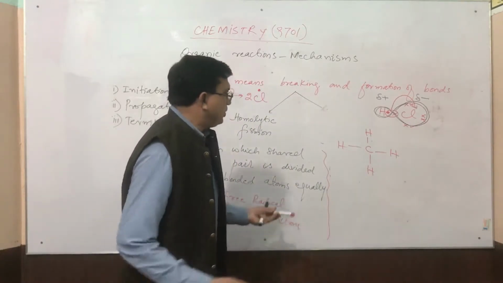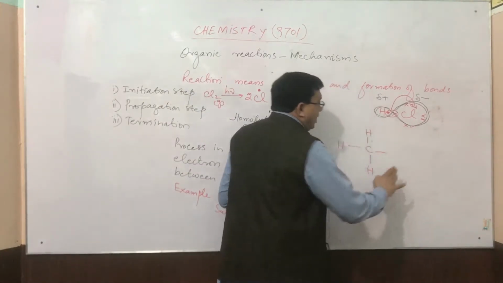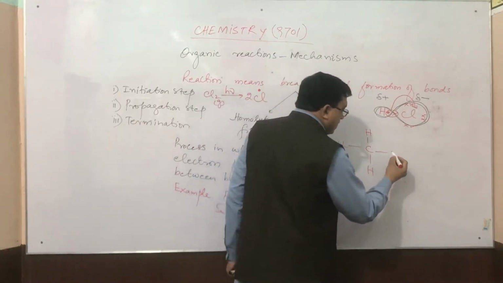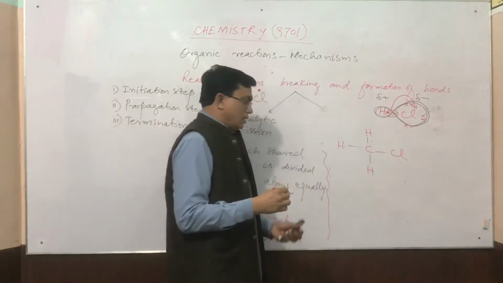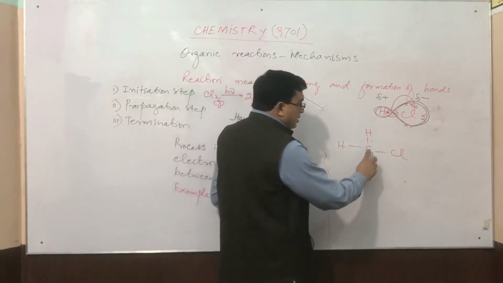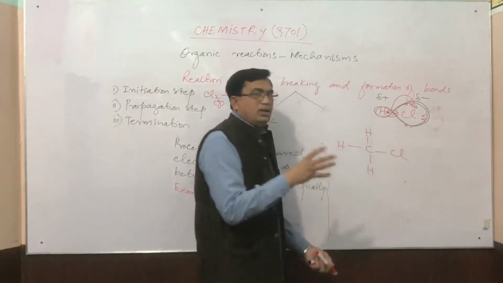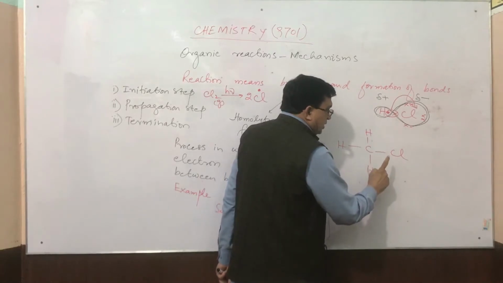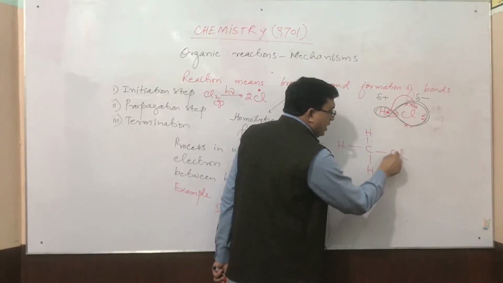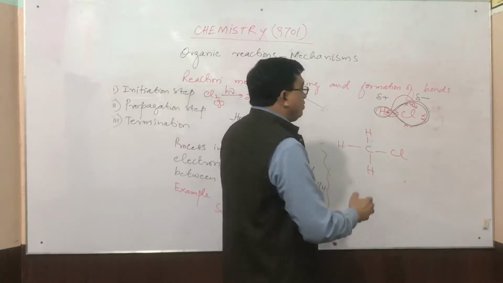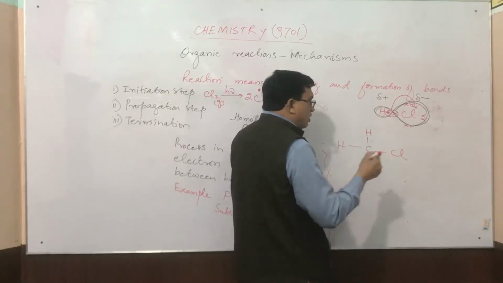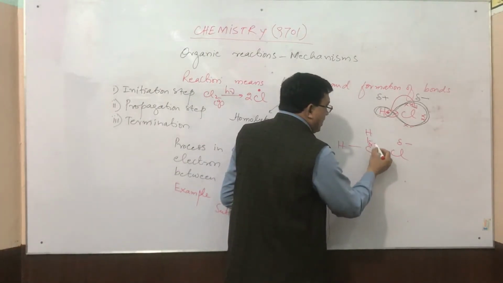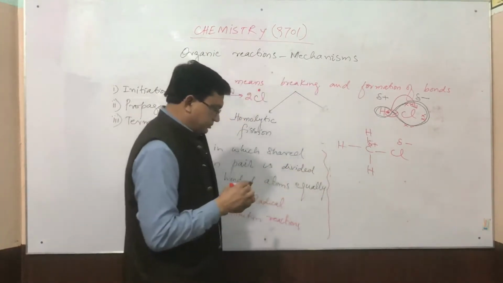But if one of the hydrogens is replaced by a highly electronegative atom, say chlorine, the bond between carbon and chlorine becomes polar. Due to the more electronegative character of chlorine, and the uneven distribution of electrons, chlorine will get a partial negative charge and this carbon will get a partial positive charge.